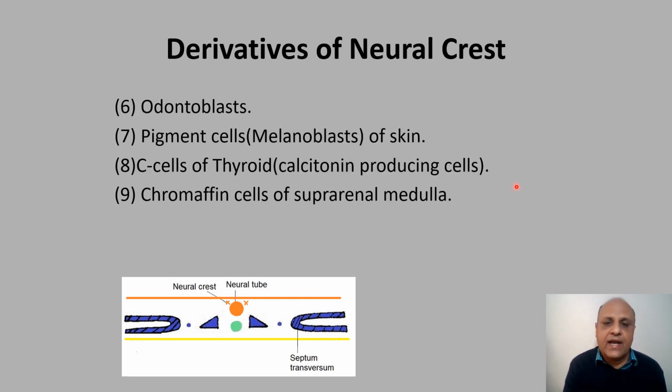Most structures are derived. These are the cells, odontoblasts and the melanoblasts of skin. So odontoblasts and melanoblasts of skin are derived from neural crest. C cells of thyroid and chromaffin cells of suprarenal medulla are also derived from neural crest. So these 4 specialized cells also arise from the neural crest.